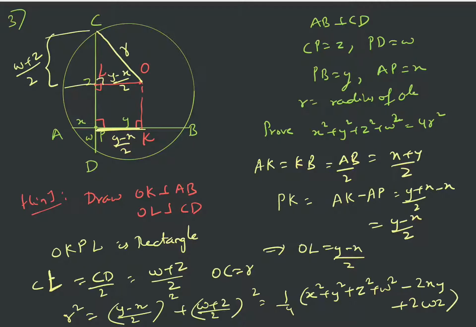Okay, so there is one more trick left here. You need to prove that R square is 1/4 of X square plus Y square plus Z square plus W square. So you need to prove that 2XY is equal to 2WZ, so that these two get cancelled and we get the desired result. So how do you prove that XY is equal to WZ?